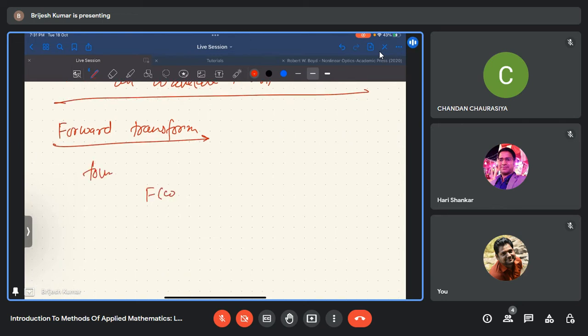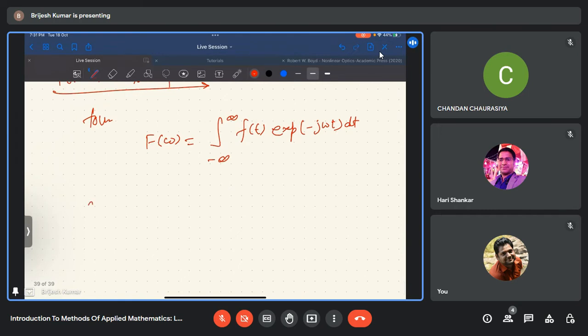In Fourier transform we write F(omega) as the integral from minus infinity to infinity of f(t) exponential of minus j omega t dt, right?